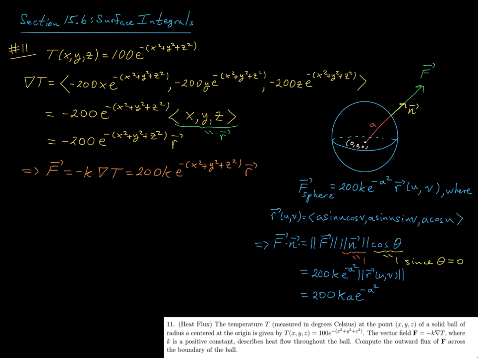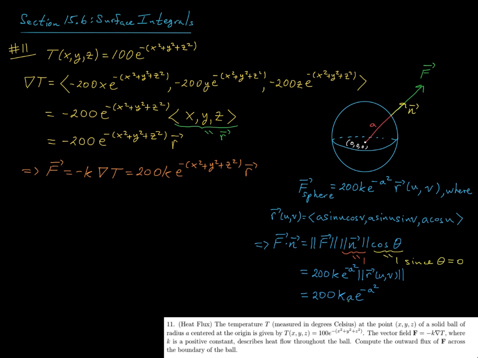And so this dot product is just the magnitude of our vector field F. That's going to be 200k times e^(-a²) times the magnitude of our position vector on the sphere. But this thing just has magnitude a, because it lives on the sphere of radius a. So I just pick up a factor of a.